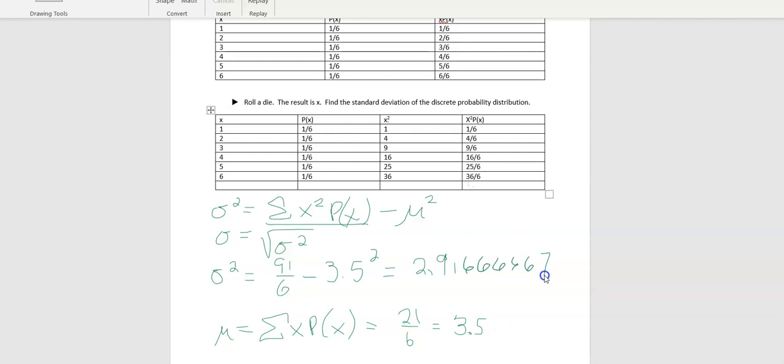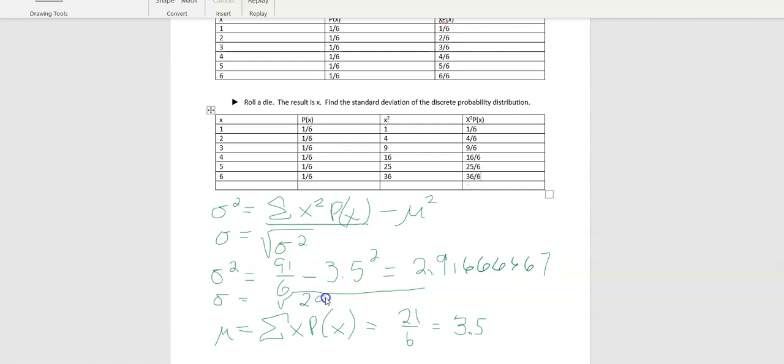2.91666667. All right, now let's remember that this asks for the standard deviation, and I've got the variance. So I need to take the square root of this in order to get the standard deviation. And the standard deviation is always the square root of variance.